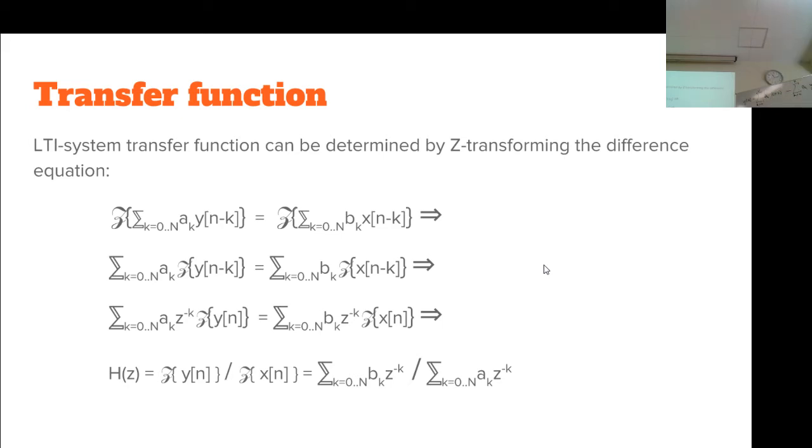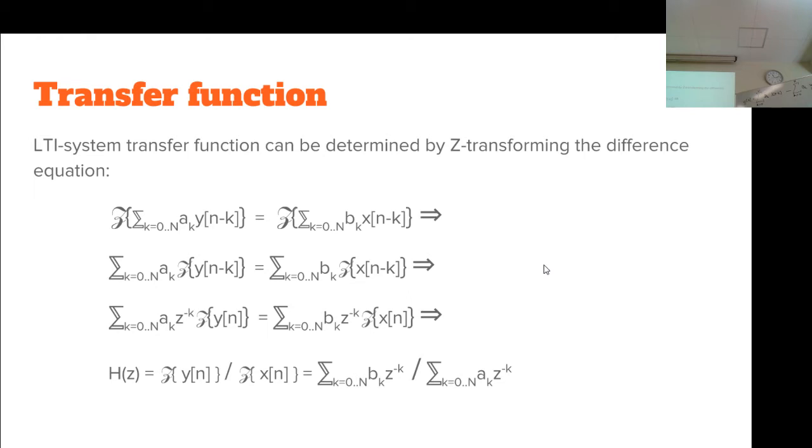Maybe I should also draw a small block diagram. So the system has an input. It has the delay chain here, and so on. Then it has b0, b1, b2, the scaling factors. Then it goes to a sum, and that goes to the output.